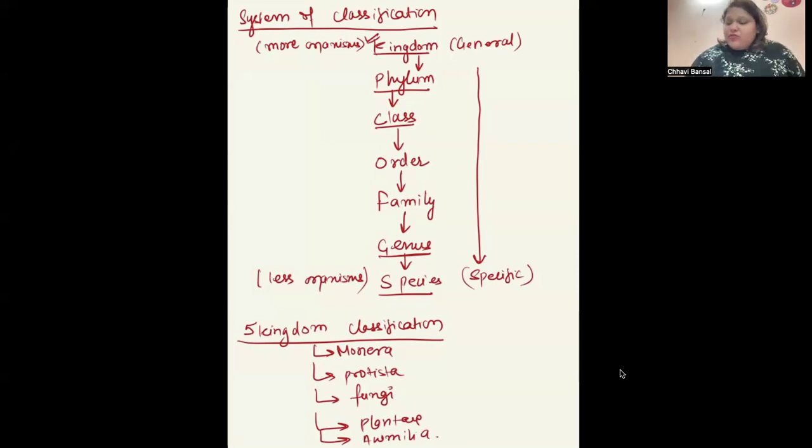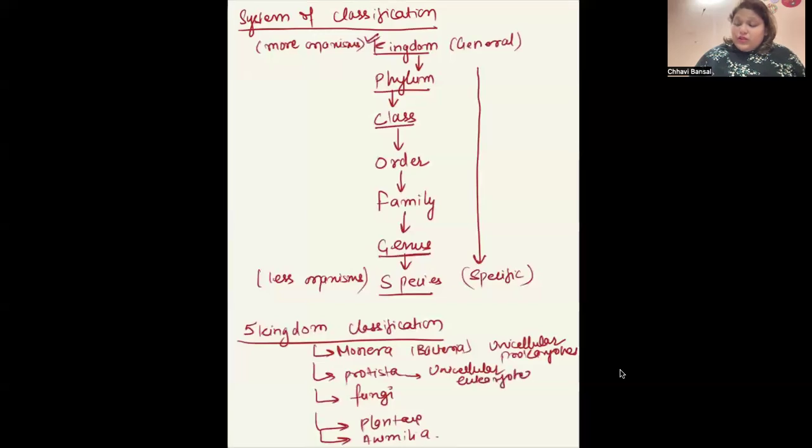So, Monera is mostly bacteria. Bacteria are unicellular prokaryotes. Protista includes unicellular eukaryotes, mostly.